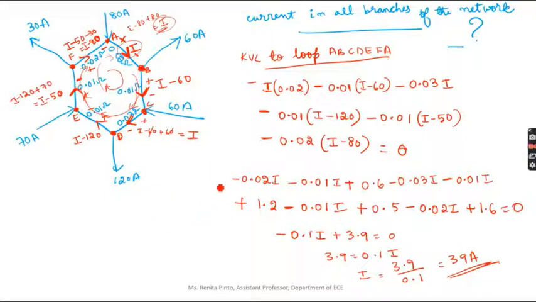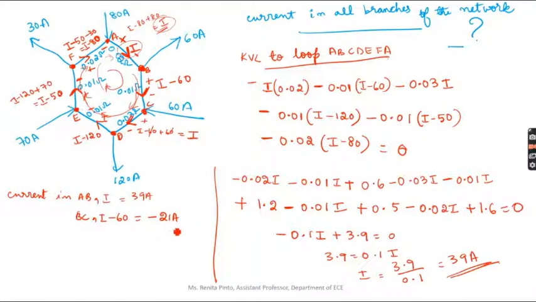Now you have to find out the current in all the branches. Current in AB branch is I, which is equal to 39 amps. Next, current in BC branch is I minus 60, so 39 minus 60 will be equal to minus 21 amps.